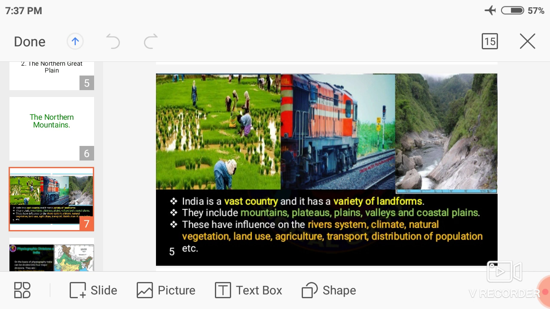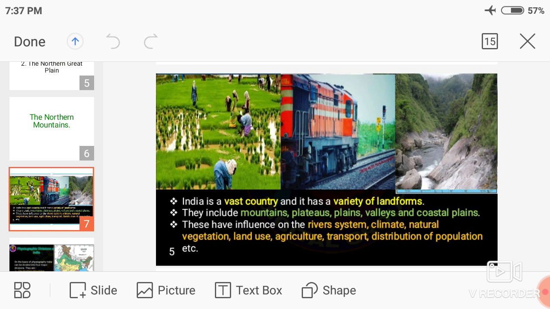Understand? Dear students, basically in this class we are going to discuss Indian physical features. India is a large country and it has a variety of landforms.